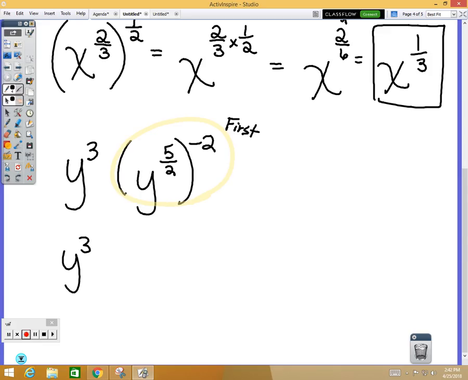So let's go ahead and do 5/2 times -2. How do you do a fraction times a whole number? That's right. So we're going to make it a -2/1. Some of you know shortcuts to multiply fractions. 5 times -2 is -10/2, which then becomes -5.